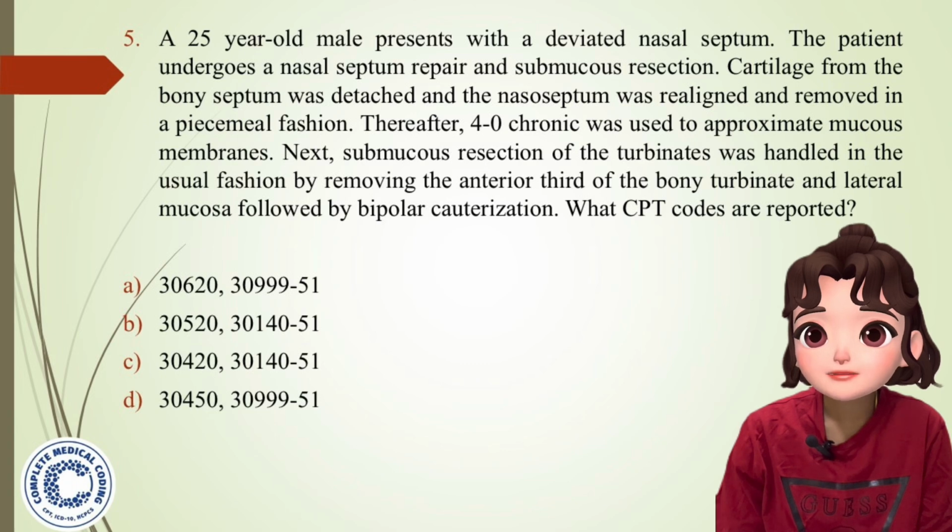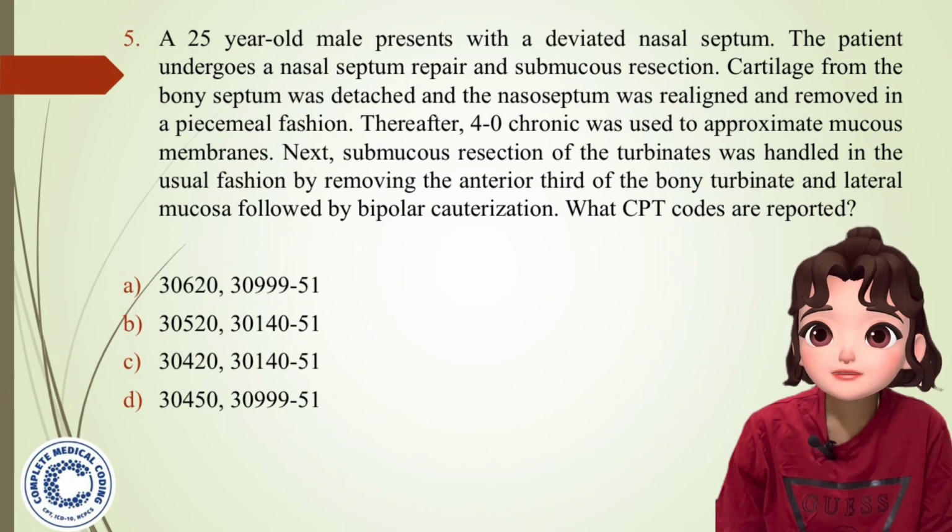Now, cartilage from the bony septum was detached and the nasoseptum was realigned and removed in a piecemeal fashion. Thereafter, 4-0 chromic was used to approximate mucous membranes.